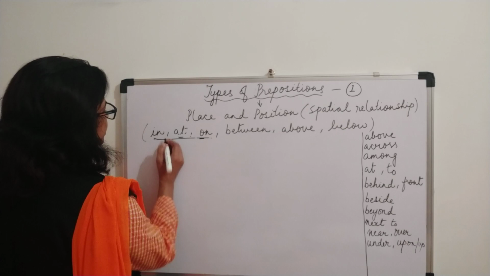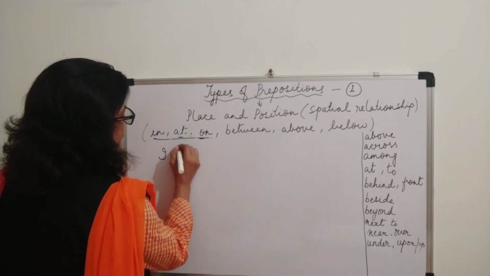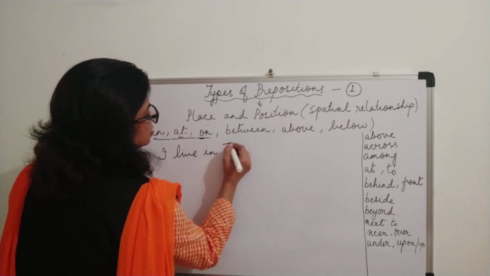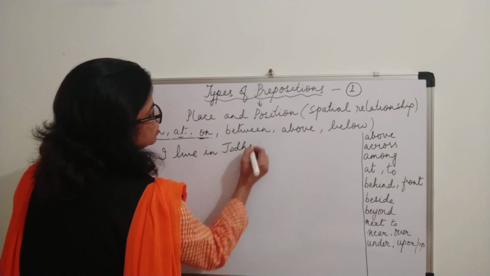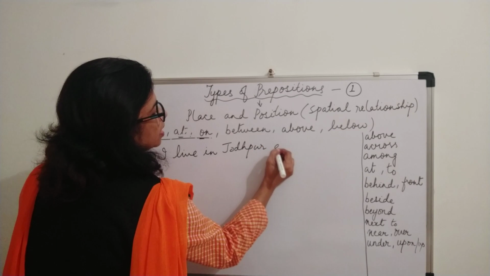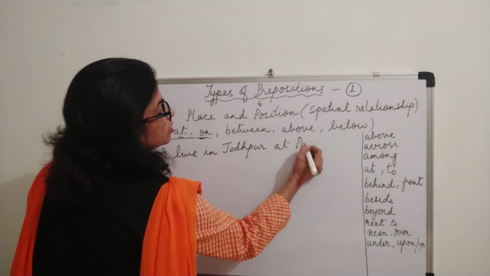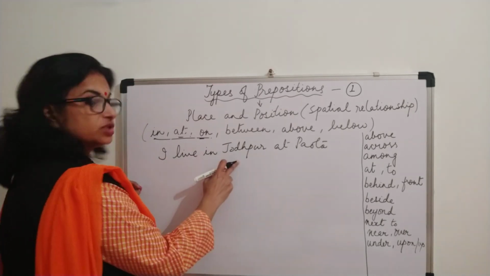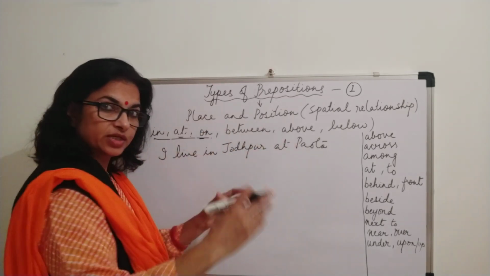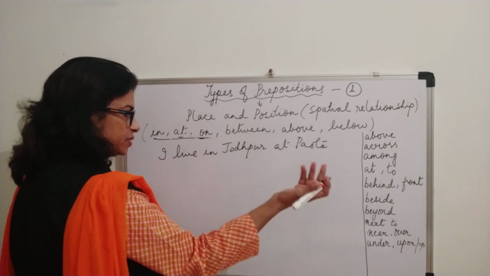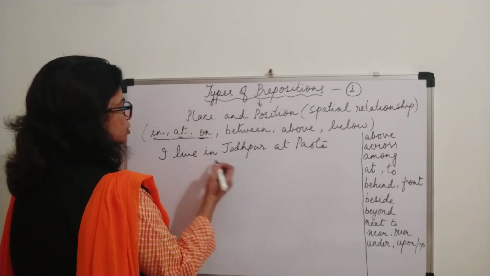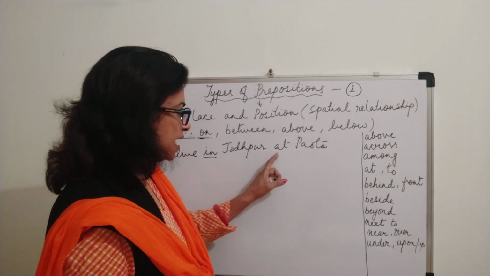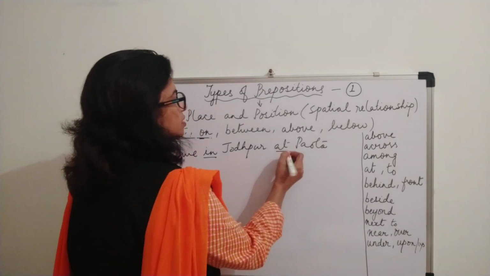Okay. So I live in Jodhpur at Pauta, isn't it? So Jodhpur is a big place and Pauta is a street, a small place in Jodhpur. So in we will use for Jodhpur, and at we will use for Pauta.